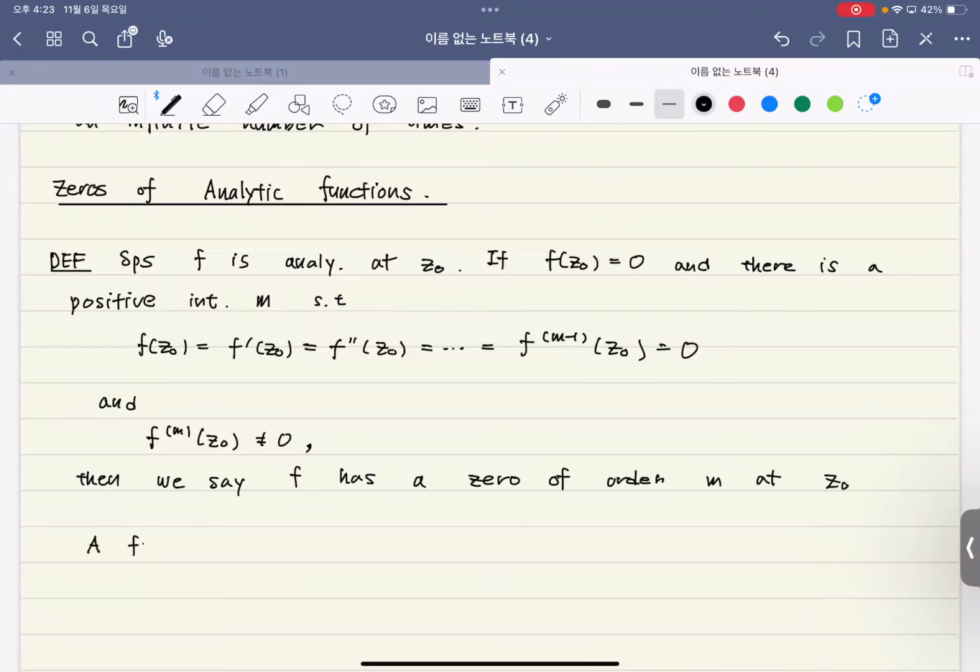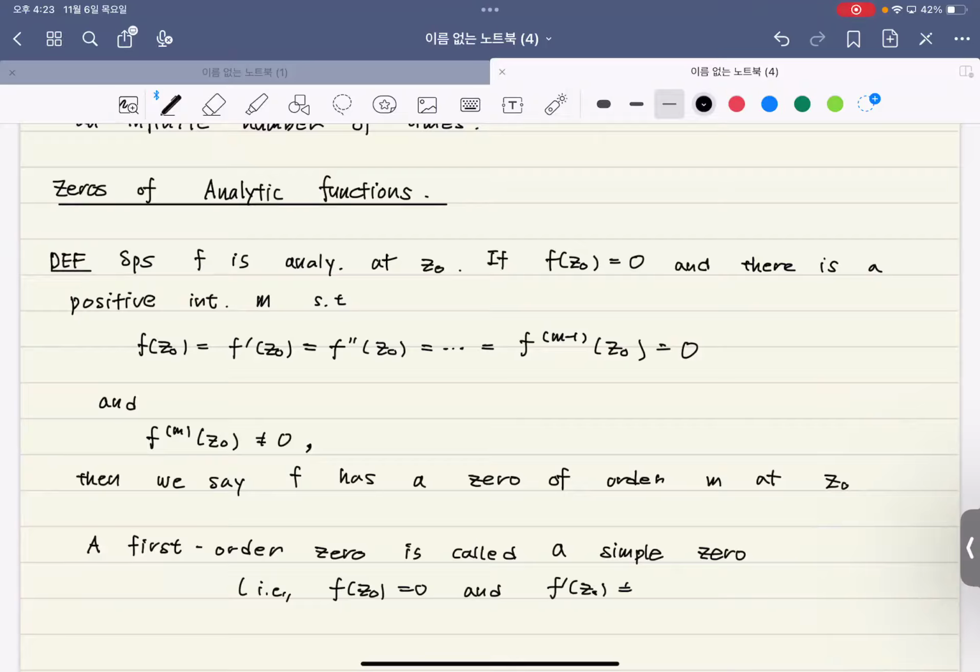Likewise, a first order zero is called a simple zero. So in other words, f of z0 equals 0 and f prime of z0 is non-zero.